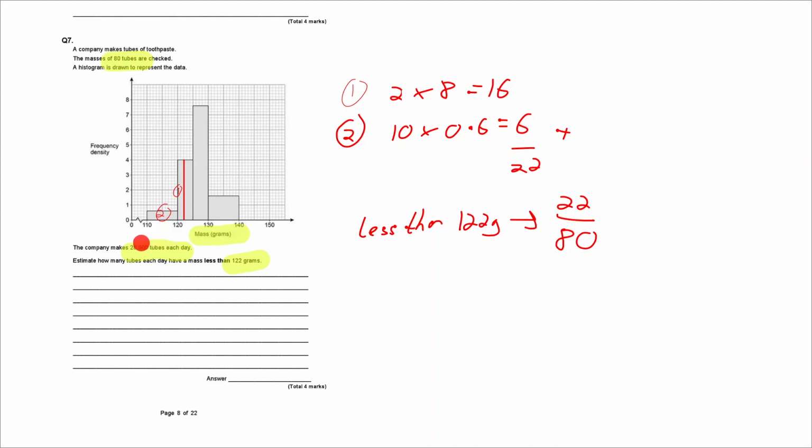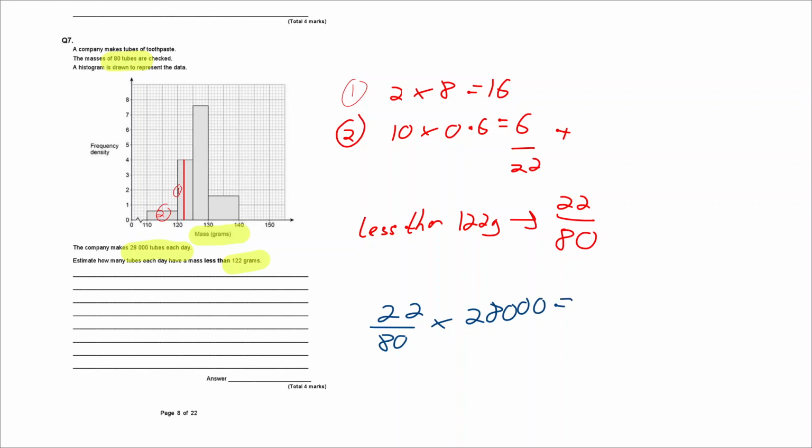Now if you test out 28,000 tubes in a day, what's this fraction of this amount, that's going to be the estimate of the tubes that have a mass less than 122. So in the sample, there's 22 out of 80 that have a mass less than 122. Now, of means times of 28,000. That should give me the answer I'm looking for.